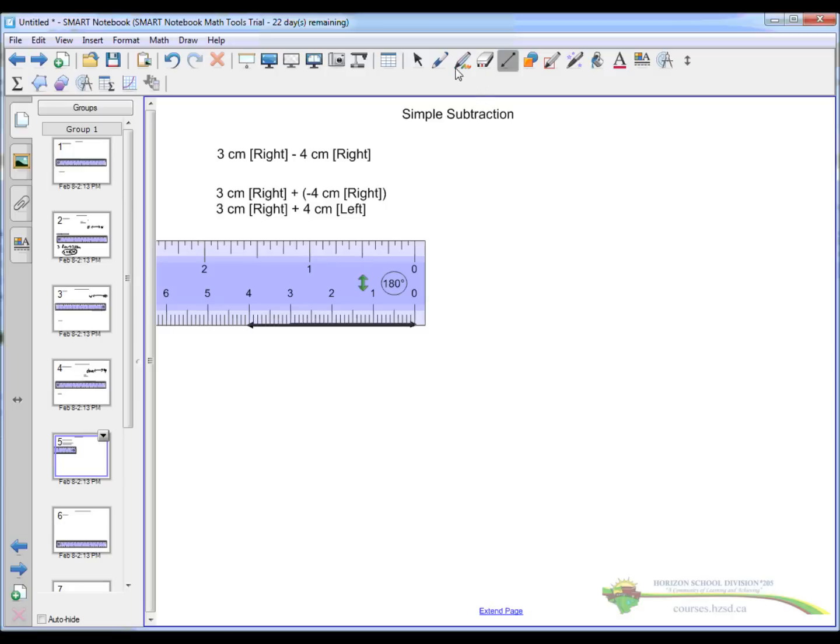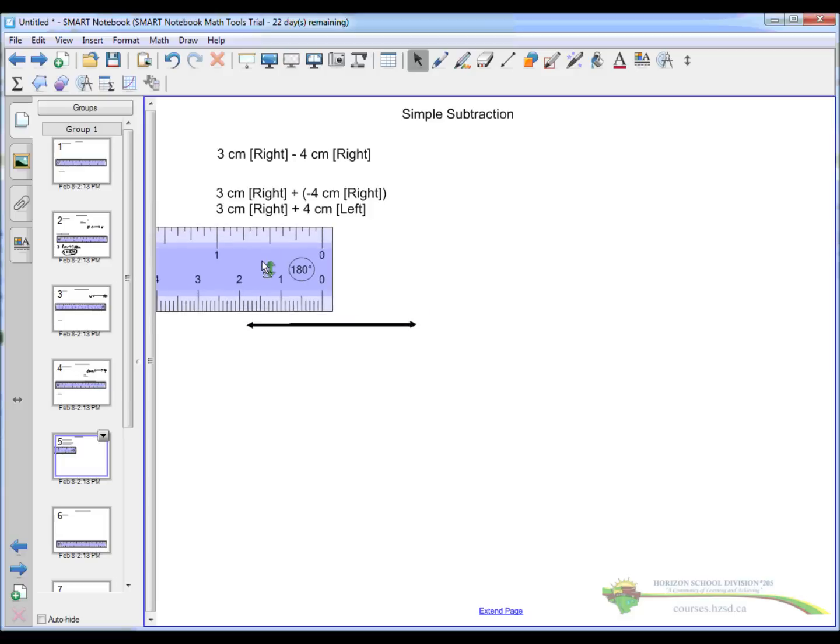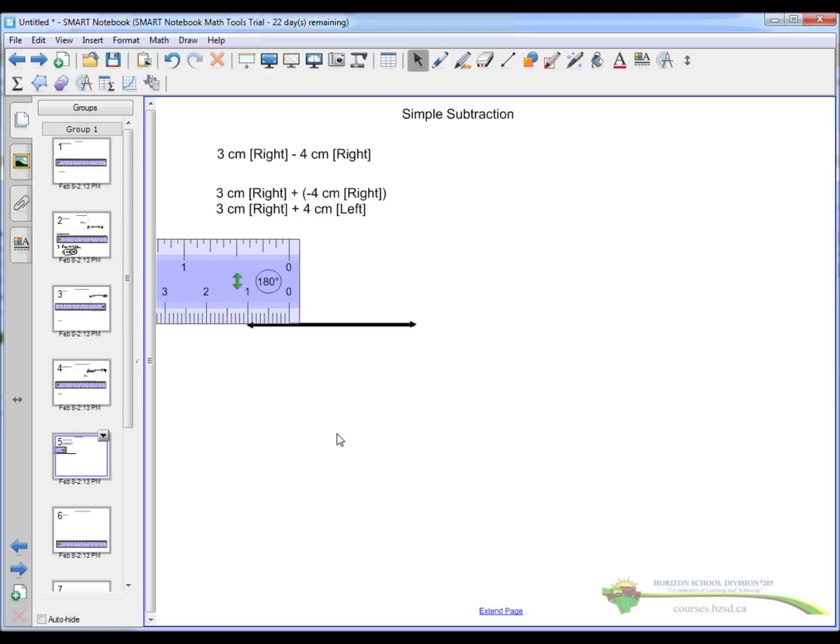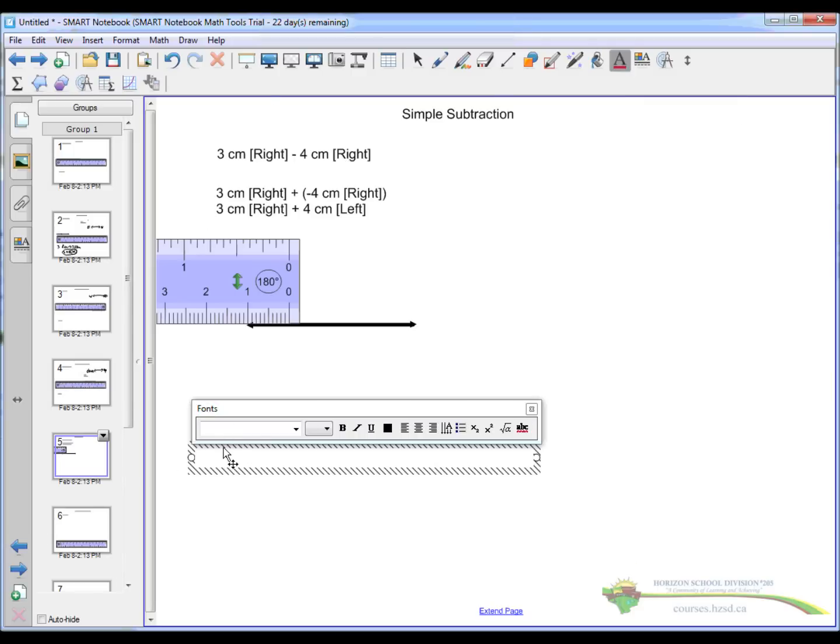And again, we measure from the beginning of the first one to the end of the second one is 1 centimeter, and it is to the left. So our answer, 1 centimeter left.